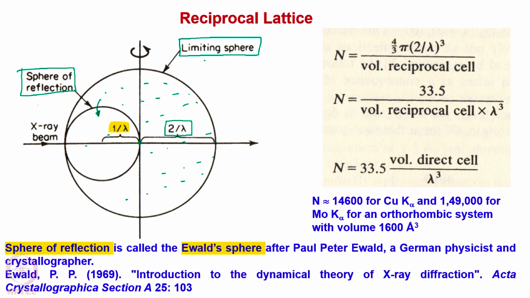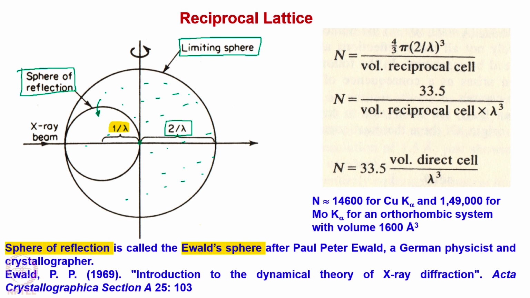By rotating the crystal in front of the X-ray beam, one can make those reciprocal lattice points pass through the Ewald sphere, and once a point is passing through the periphery of the Ewald sphere, it makes a diffraction happen.